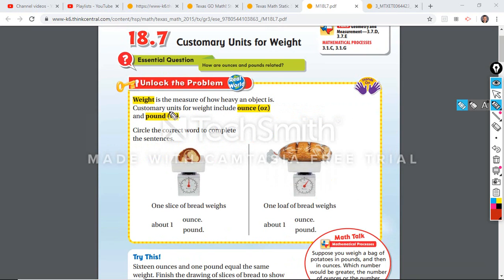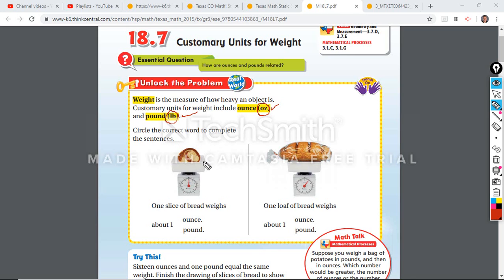So what you want to look at is that weight is the measure of how heavy an object is. Okay. For the customary units for weight, we use ounces and then pounds. Ounces being the smaller unit and pounds being larger.